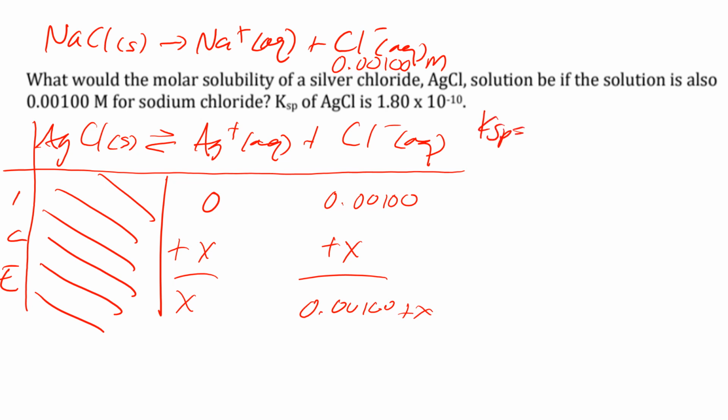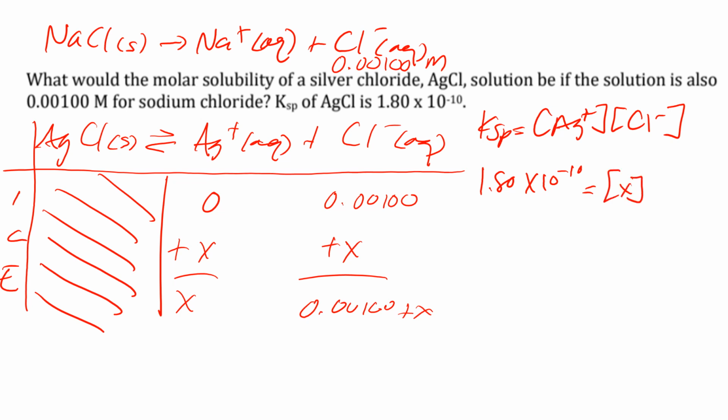KSP equals silver ions times chloride ions. 1.80 times 10 to the negative 10 equals my concentration of x, or silver, times my concentration of chloride ions.